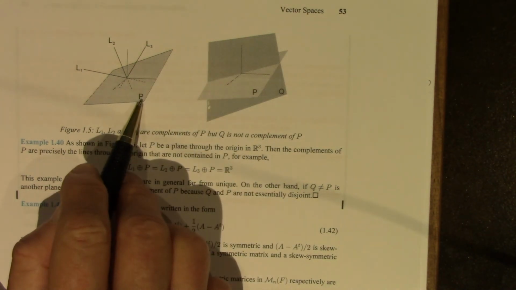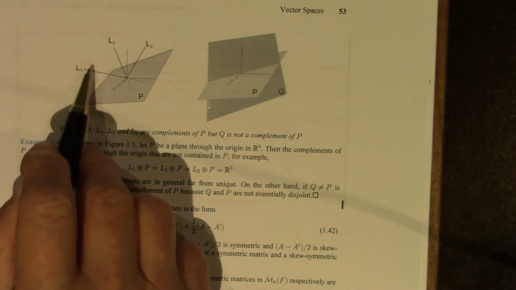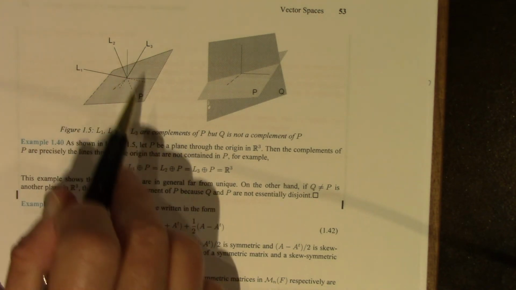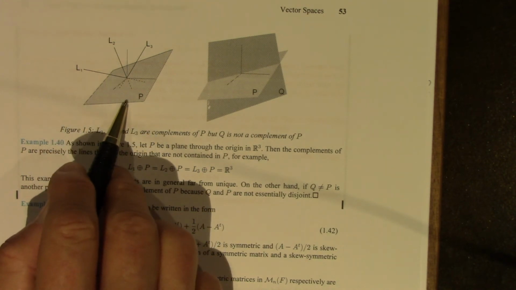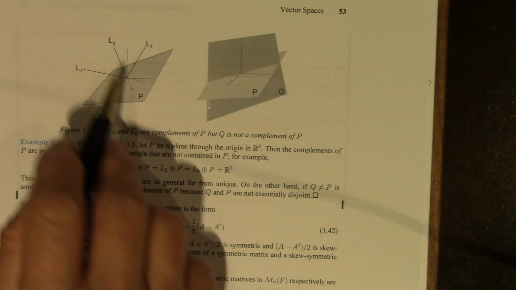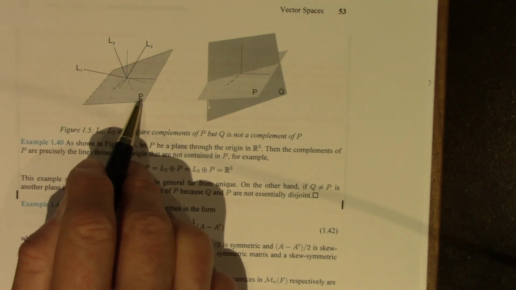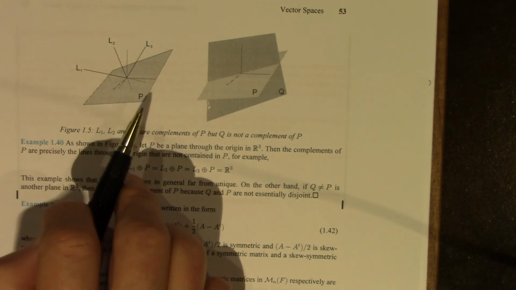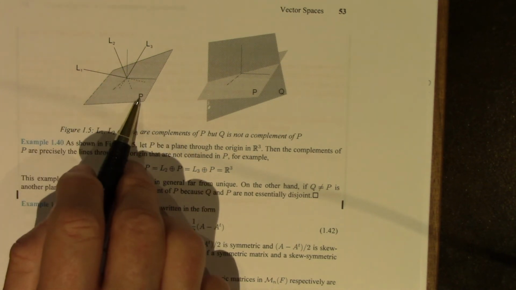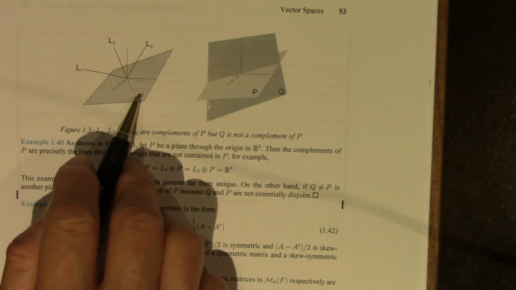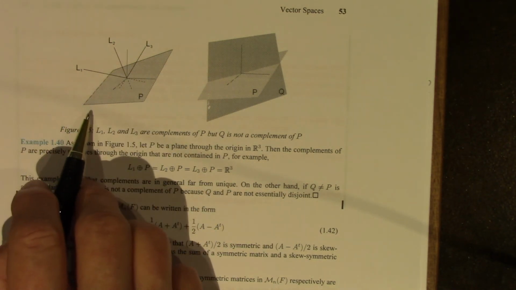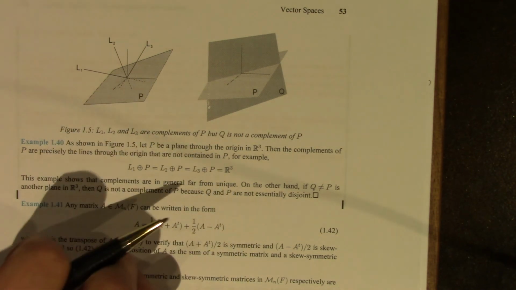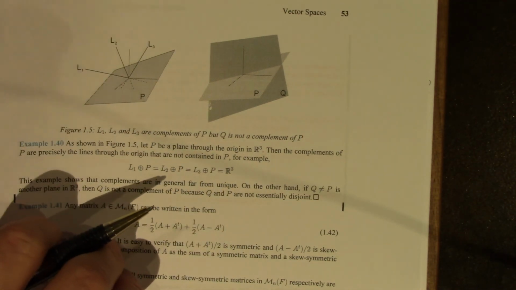P is a plane in R3. Any line that does not lie in the plane is a direct complement to P, or put another way, the line and the plane are direct complements of each other because their sum is all of R3, and because they are essentially disjoint, or strongly essentially disjoint, but again, for two subspaces, that just means essentially disjoint.